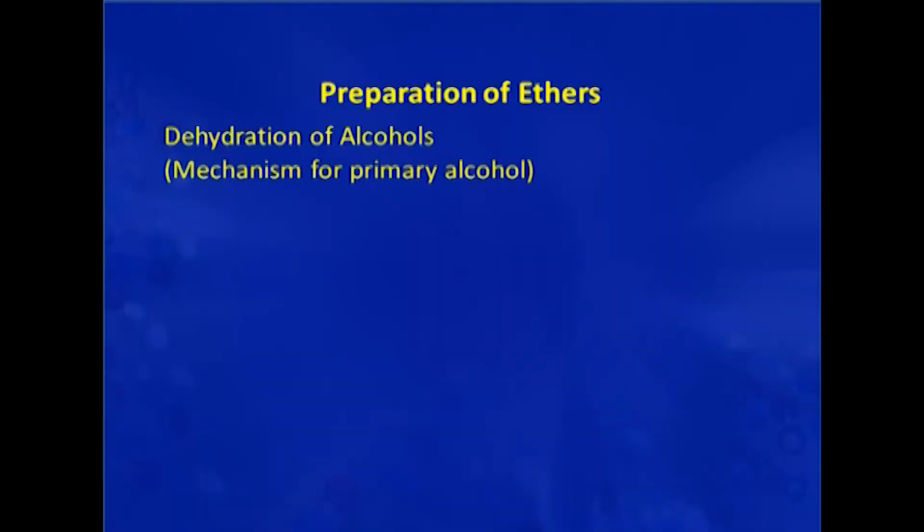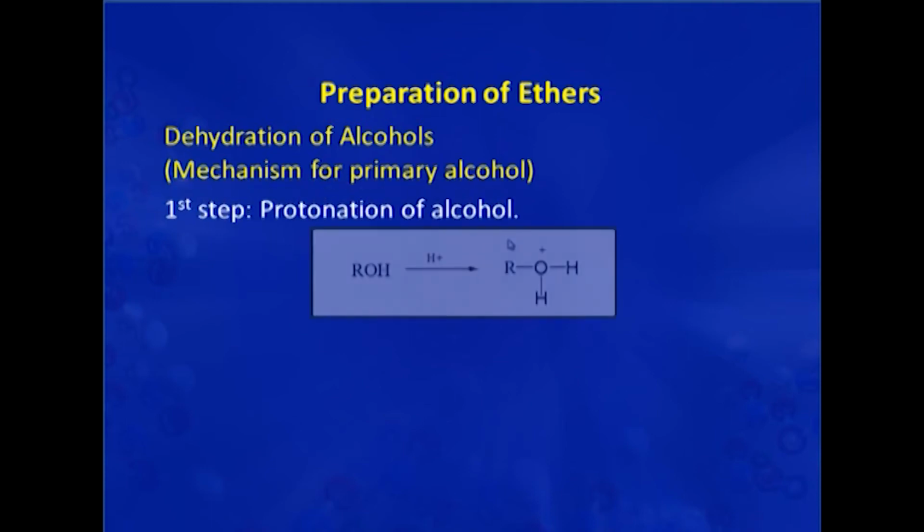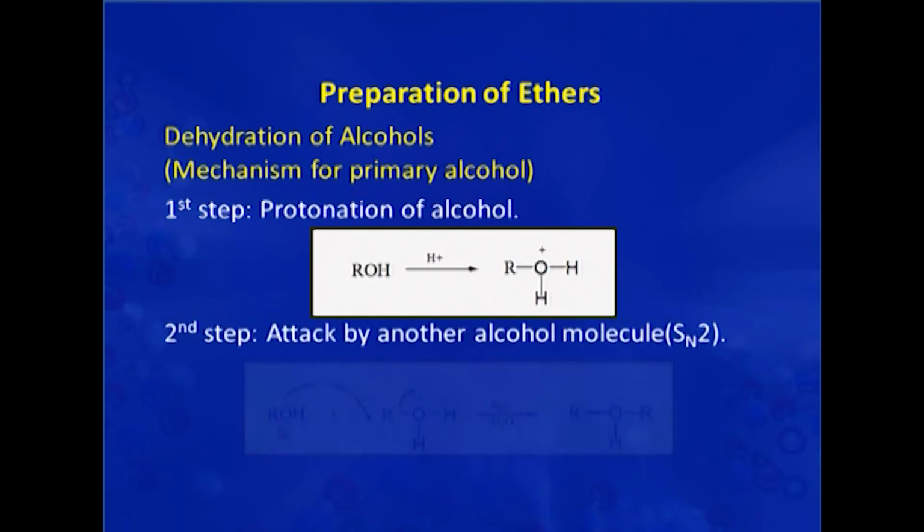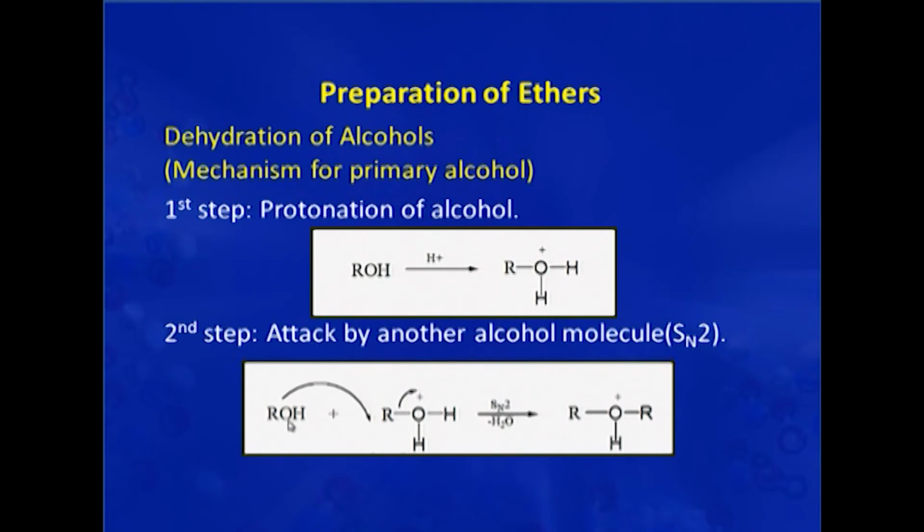If we start with a primary alcohol, the 3 steps in the mechanism are: first step is the protonation of alcohol. In presence of acid, alcohol gets protonated and forms protonated alcohol. In the second step, the alcohol molecule, which is a weak nucleophile, attacks the sp3 hybridized carbon and there is removal of water molecule, and formation of protonated ether.